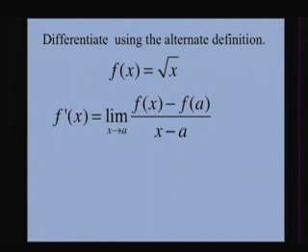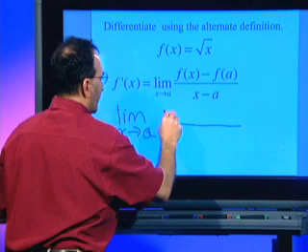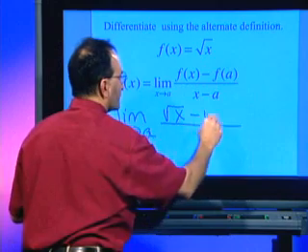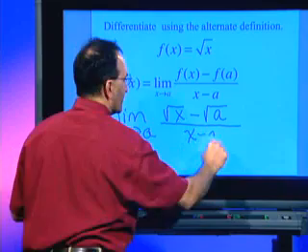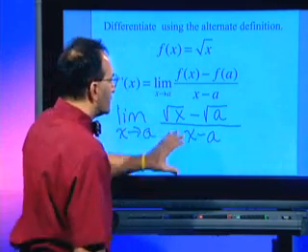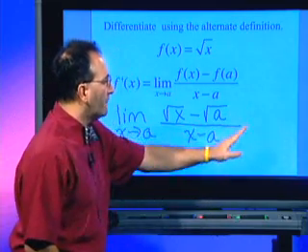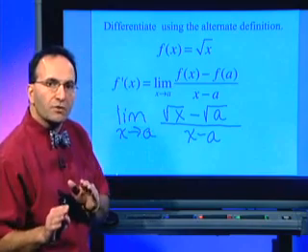So we have the limit as x goes to a of, well, we take x and plug it in, so that's the square root of x, minus the square root of a, all over x minus a. To simplify this, we're going to multiply the top and the bottom by the square root of x plus the square root of a.